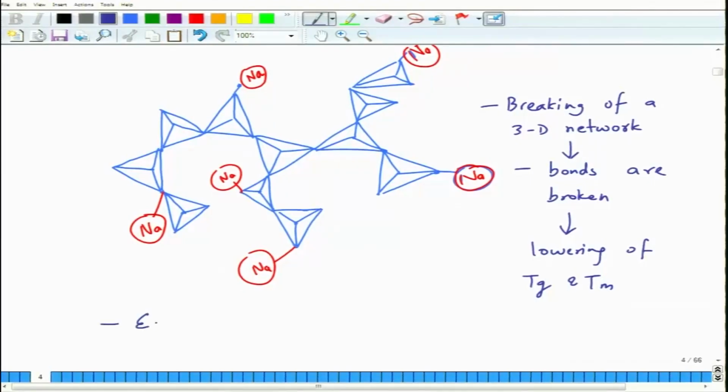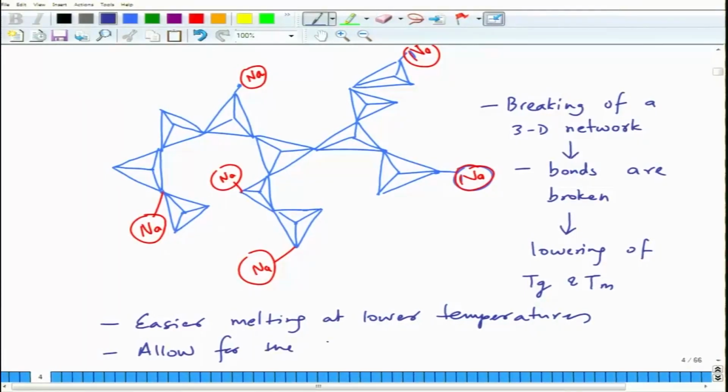So easier melting at lower temperature allows for the formation of shapes at lower temperatures. There are a variety of these glass modifiers which are put into the system. I will show you some compositions in the next few slides.